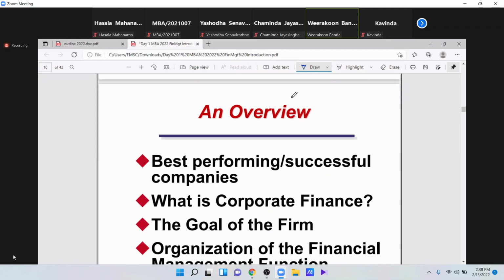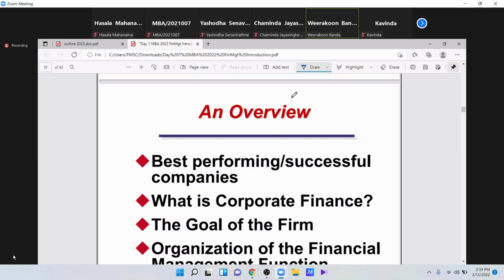If you discuss business investments and raising capital, you have to think of how businesses operate in the market and how they perform in a successful way. The next idea is what corporate finance is, and what aspects we are concerned with in corporate finance. The third point is: what is the goal of the firm?